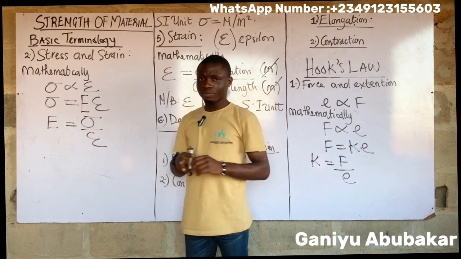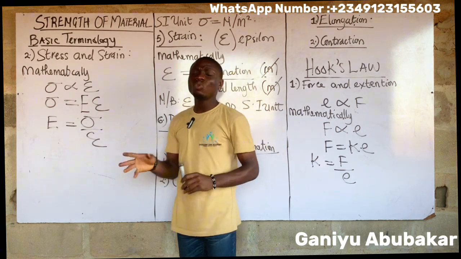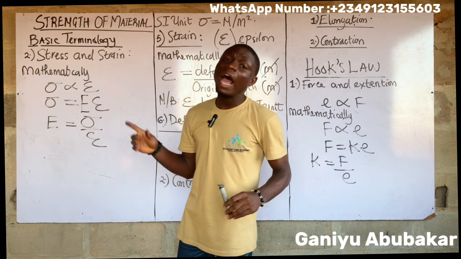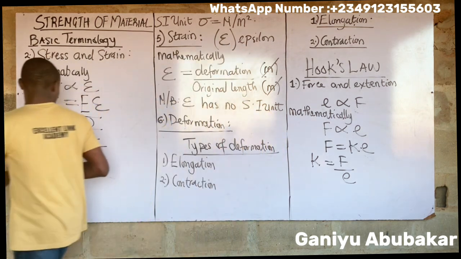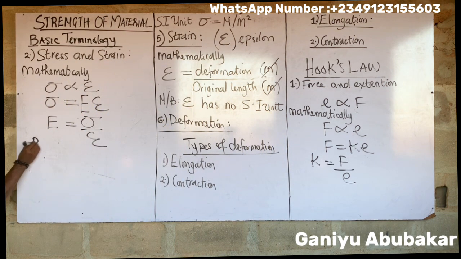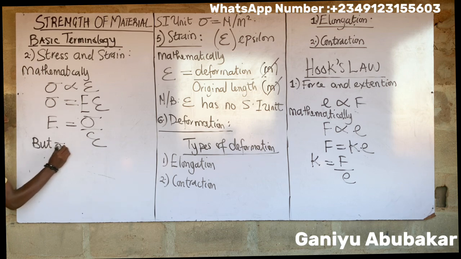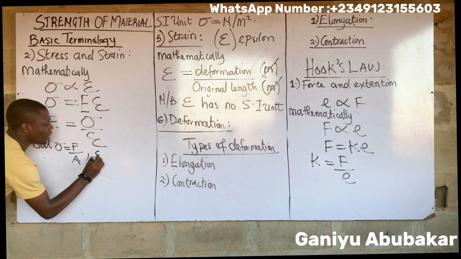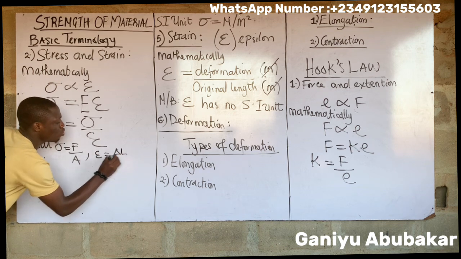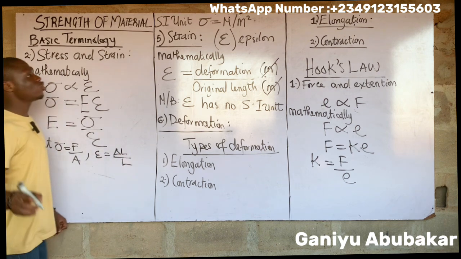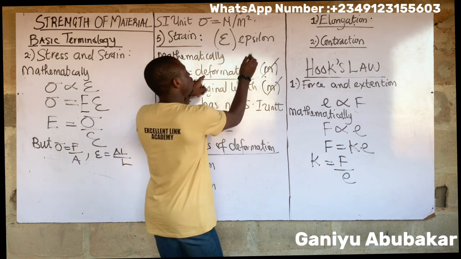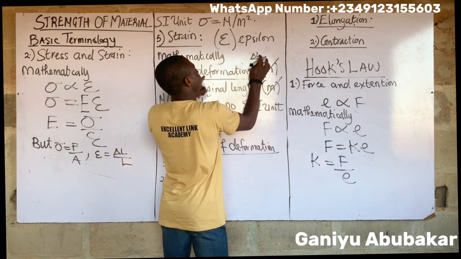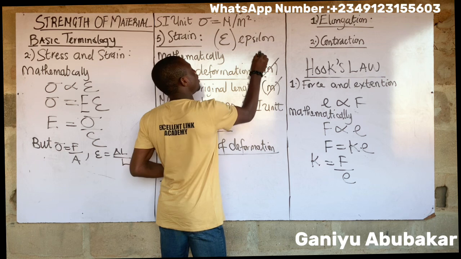At this point, let's do a little bit of manipulation and let's see what we get. We said stress was what? Force over area. Also, we said strain was what? Deformation over original length. So note that deformation is change in length, right? I can say it's change in length.